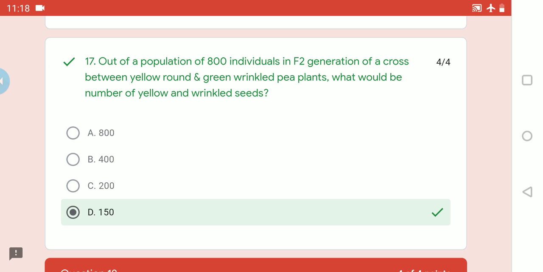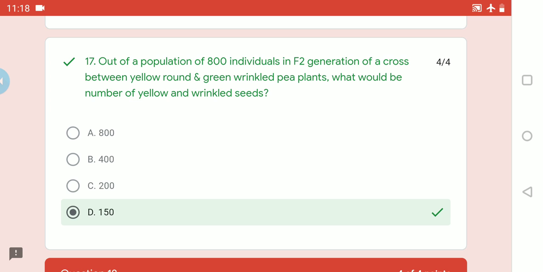So just cross this one. As I said, while we are crossing the yellow color, when will we get the wrinkle? During the test cross. So during the test cross we will get the yellow wrinkle. So that's what I said: capital R, small y is yellow wrinkle or wrinkle yellow, like that we can tell. Did you get it?